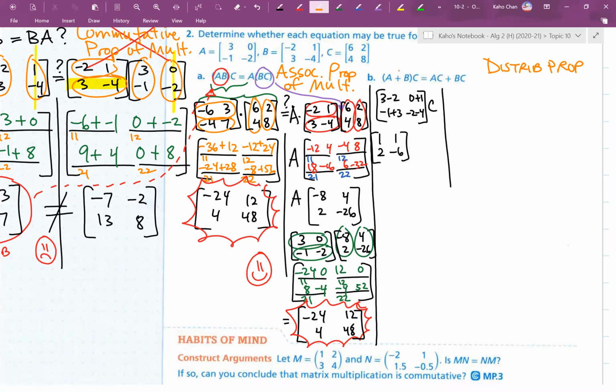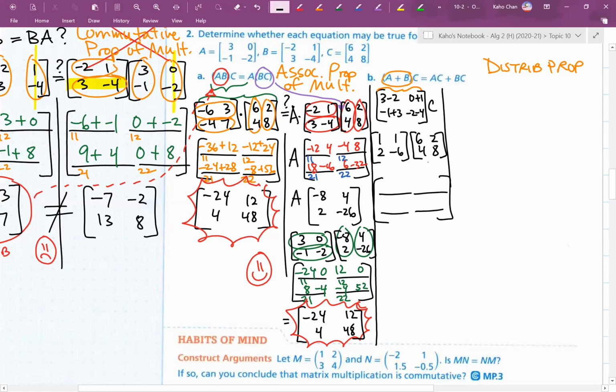Y'all see that? This is A plus B right there. That's what I just did. All right, I'm now going to multiply by C. C is 6, 2, 4, 8. Let's do the rows and columns. This will be a 2 by 2. Maybe less talking, right?